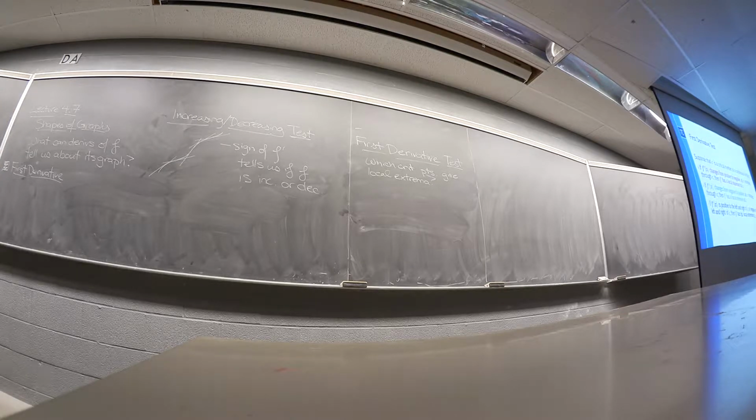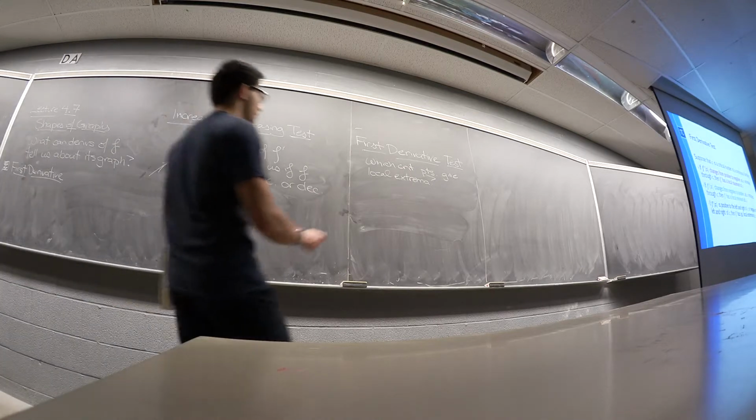Okay, there's your rule. We're going to think about f being continuous, so nothing upsetting happens. Suppose that c is a critical number, a critical point of f, meaning the derivative of f is 0 or undefined at c. If the derivative changes from positive to negative as we go through c, then f has a local maximum at c.